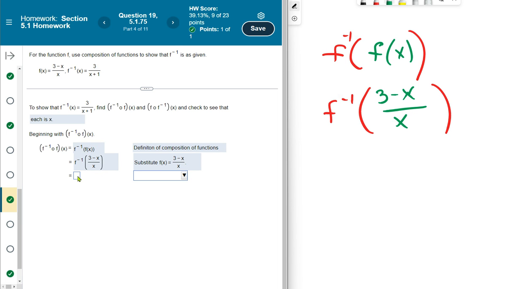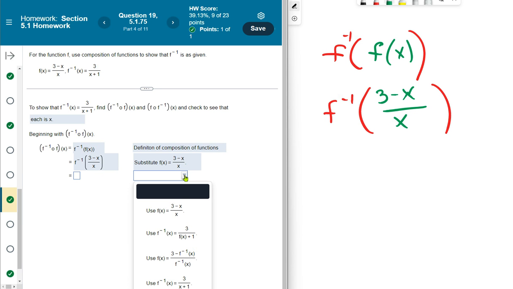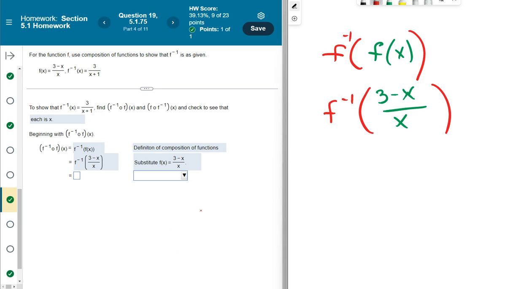Okay. And then here's an empty box. I'm like, well, what do they want me to do? So I'm going to go over here and see what my choices are. Oh, okay. Let's see. My next step would be f negative 1 of this.